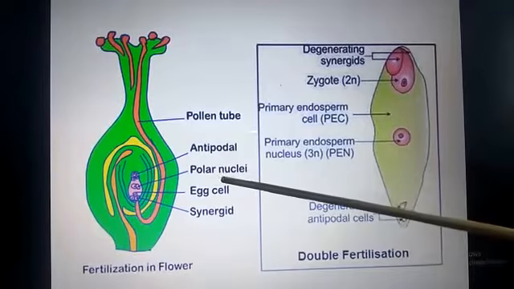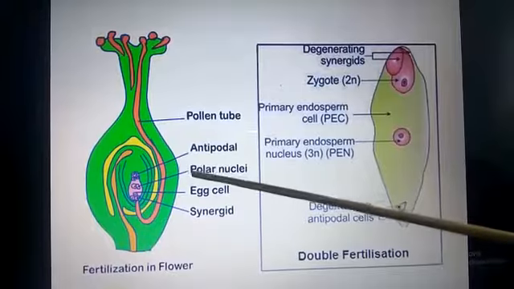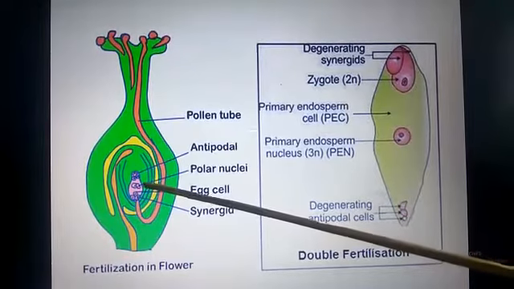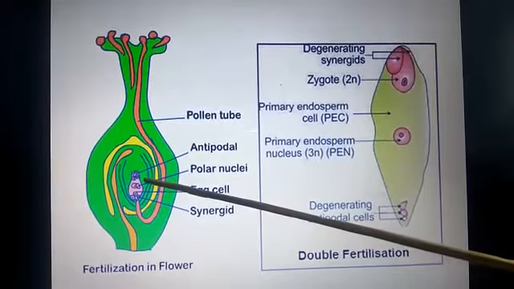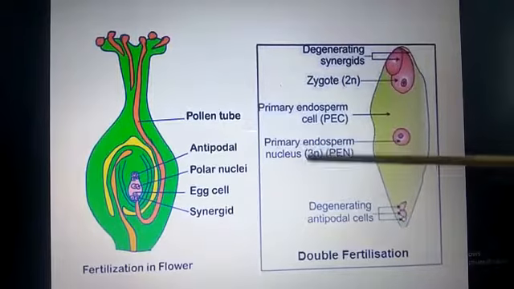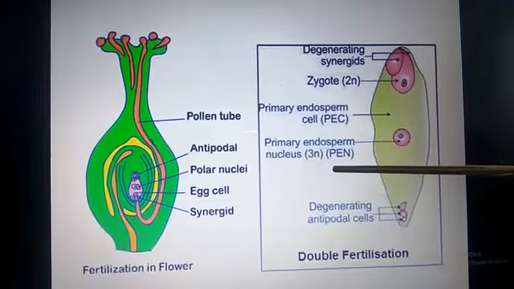and that fusion is also known as triple fusion because in this fusion 3 cells are involved. That is why it is called triple fusion. Triple fusion will result in a fertilization known as vegetative fertilization. This vegetative fertilization will result in the formation of the primary endosperm nucleus, triploid, 3N.